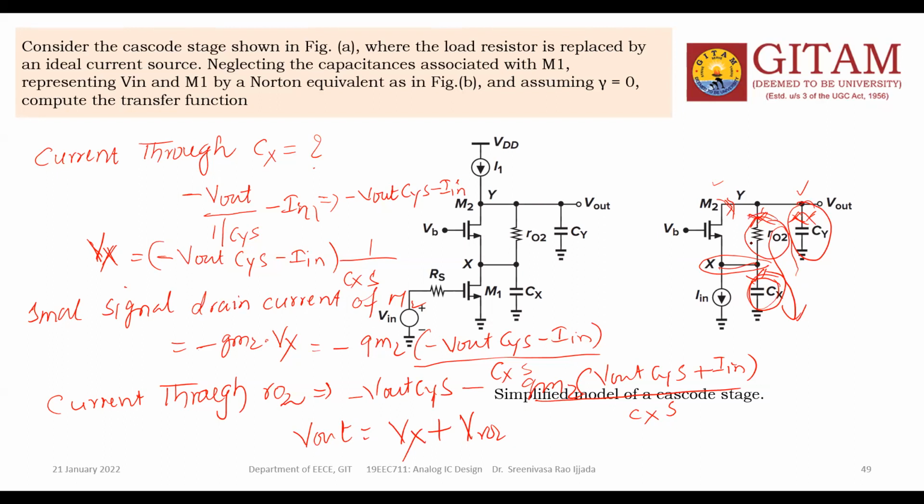Already you know the current to the R02, so you can find the voltage across R02. This current multiplied with R02 is the voltage across R02 plus Vx.